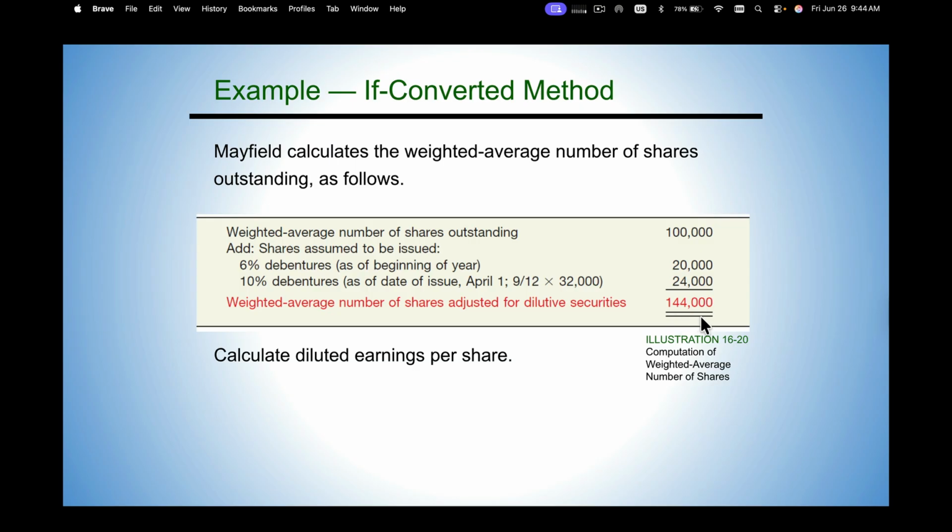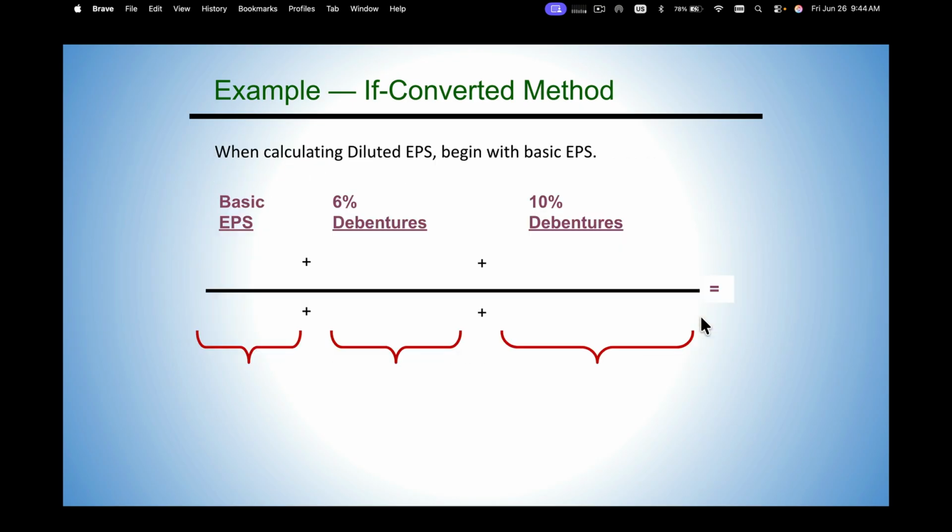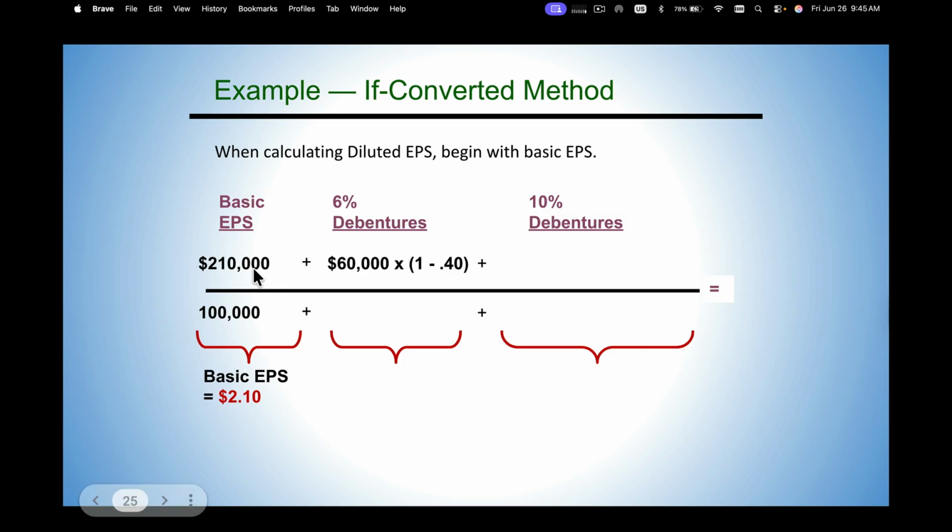Now we're going to calculate diluted earnings per share. Basic earnings per share, as we mentioned earlier, is $2.10. We have the effect of the 6% debentures, which is 6% of a million, 60,000, that we would not have as an expense. Remember, the expense was included in getting down to the 210,000.